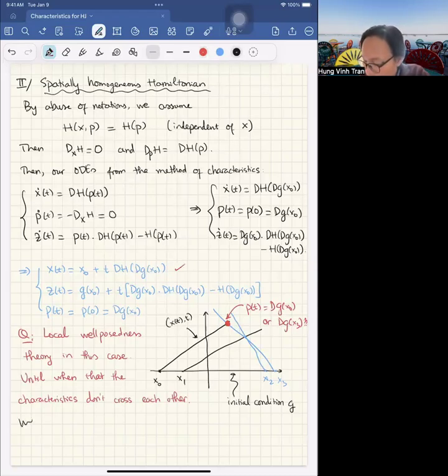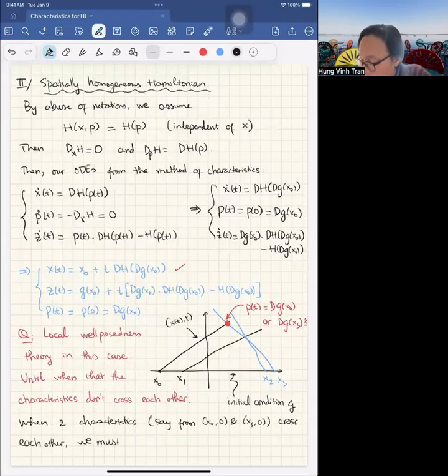When two characteristics emanating from x0 and x3 cross each other, we must have that they are not parallel, meaning that dg of x naught is different from dg of x3. The gradient must be different, but when they intersect, then how do I choose p?